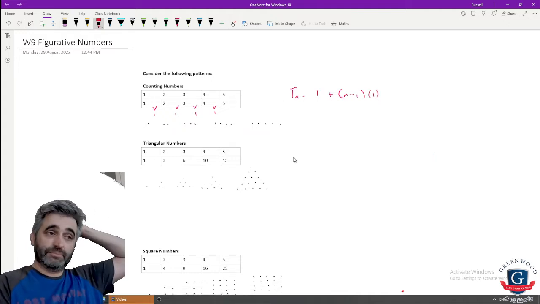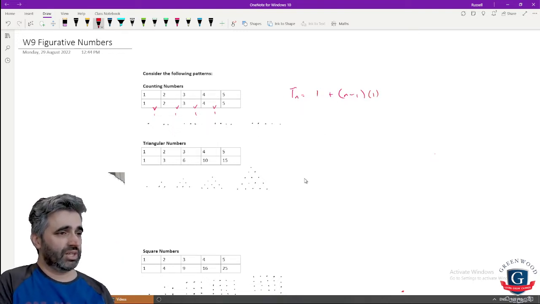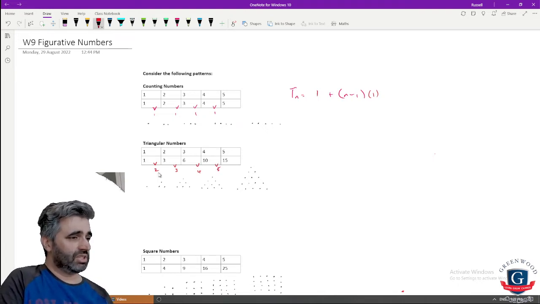Then we could simplify that and we'd get from n the value of each term. That's pretty simple. But when we look at triangular numbers, we can see the difference is no longer constant.